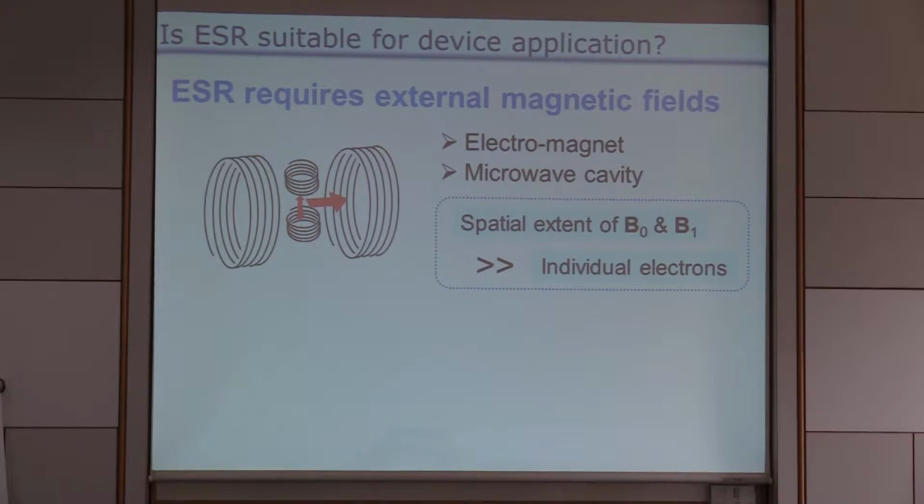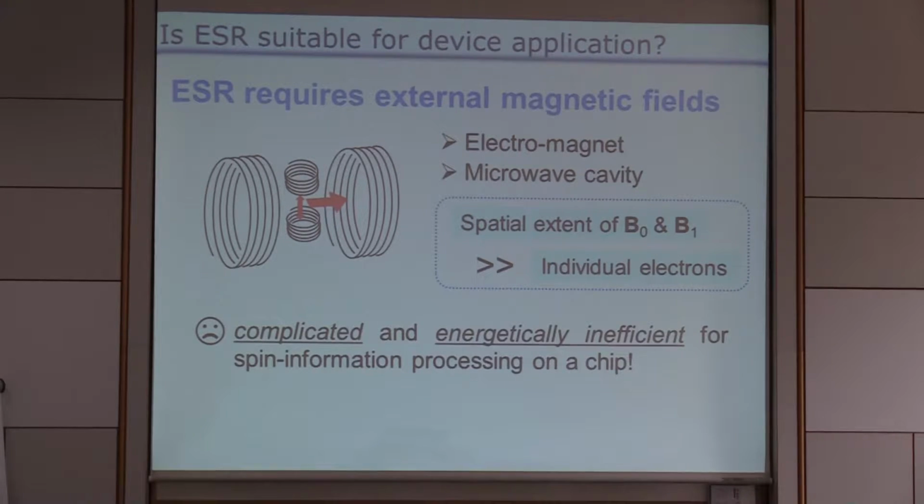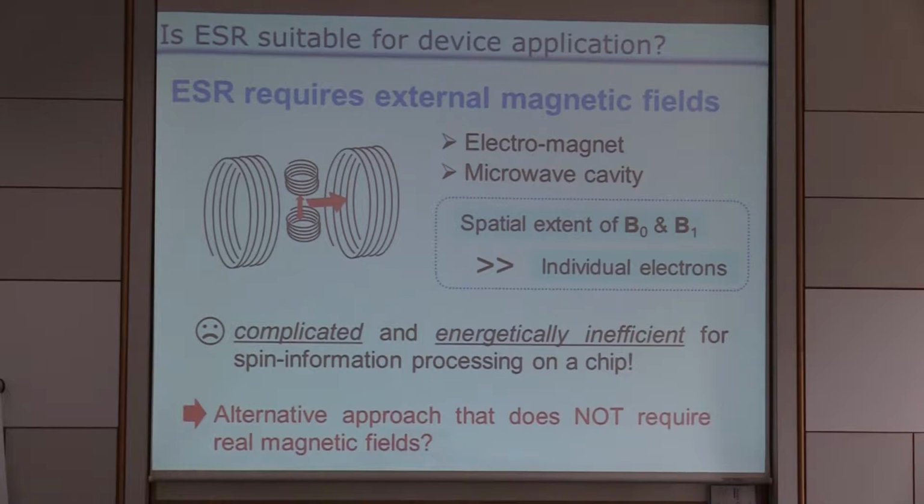But we want to control individual electron spins when we use them as spin quantum information. So the device structure will be complicated and energetically inefficient for future spin information processing on a chip. This is why we want an alternative way that does not require a real magnetic field.